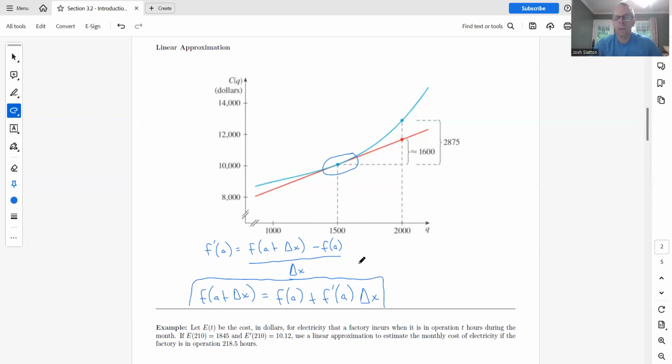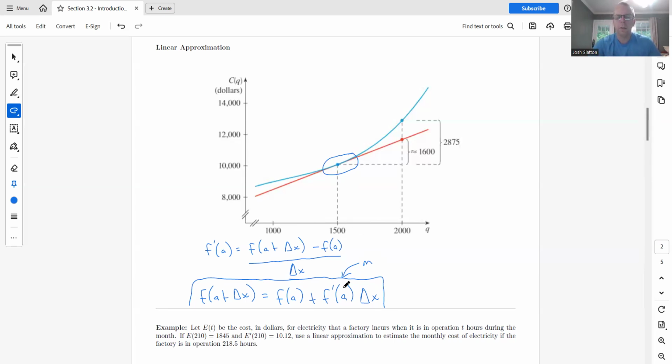So here is our slope, and here is our y-intercept, if you like. Because the y-intercept is basically a starting value, and if we're starting at 1500, that would be the y value where we start. The derivative is a slope, and then this is just how many x units we are going to move along from where we start.